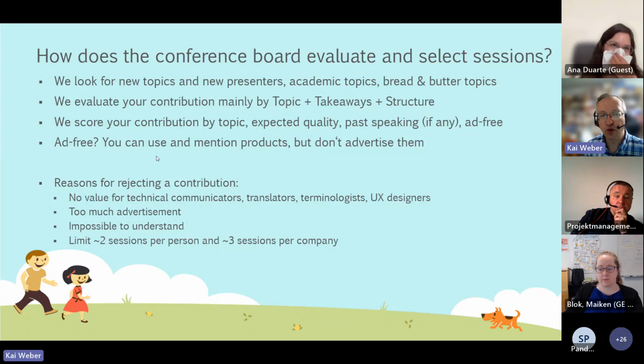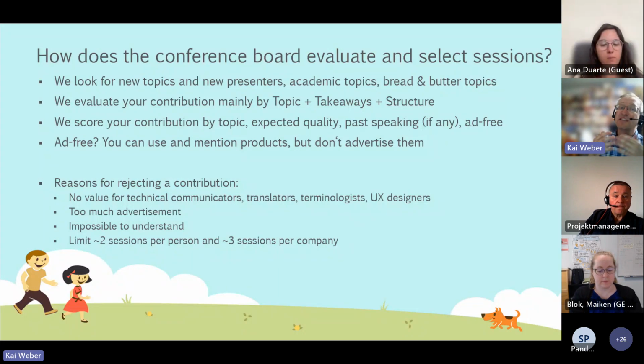Let me first go through the reasons for rejecting a contribution, what we don't take. We will not accept contributions that have no value for technical communicators, translators, terminologists, and UX designers, and people like that, because these are the core audience. Actually, we don't even have a lot of managers.